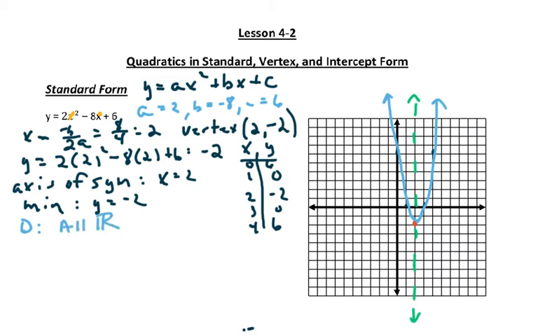And the range, we know that this parabola bottoms out right here, bottoms out at -2 and goes upward forever. So that means that our range for this is all of the y's that are greater than or equal to -2. So there's the information we know when it's given to us in standard form.